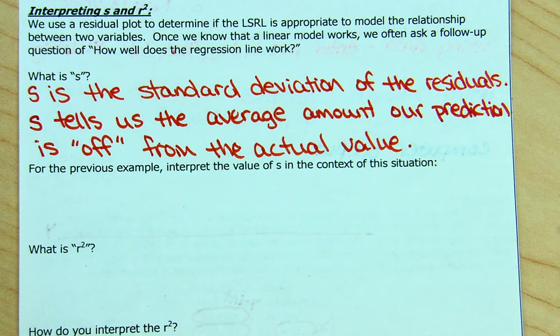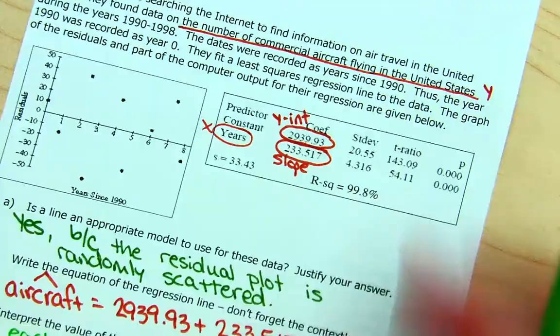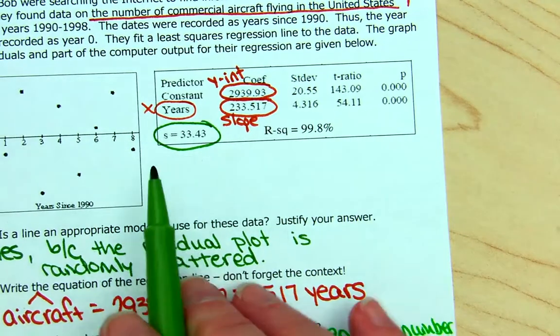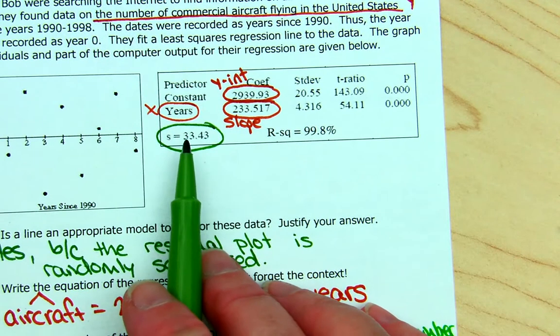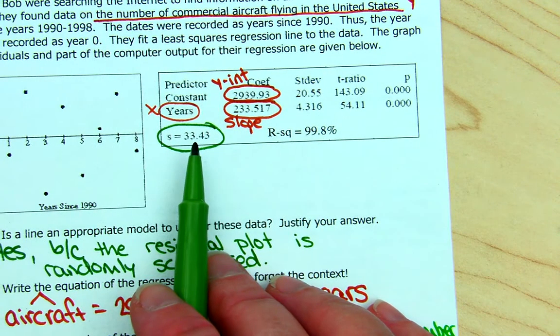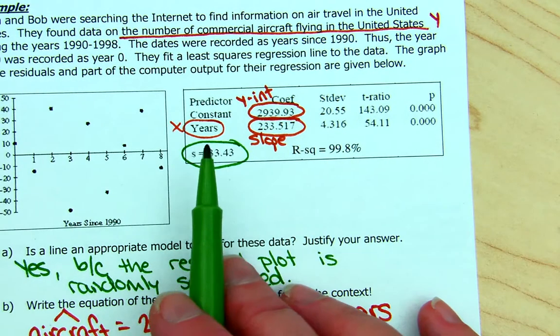So when we look at our previous example, if we wanted to interpret the value of S, when we look at our computer output, there's S right here in this corner. So our value is 33.43. Here we're talking about the number of commercial aircraft and the number in the year.